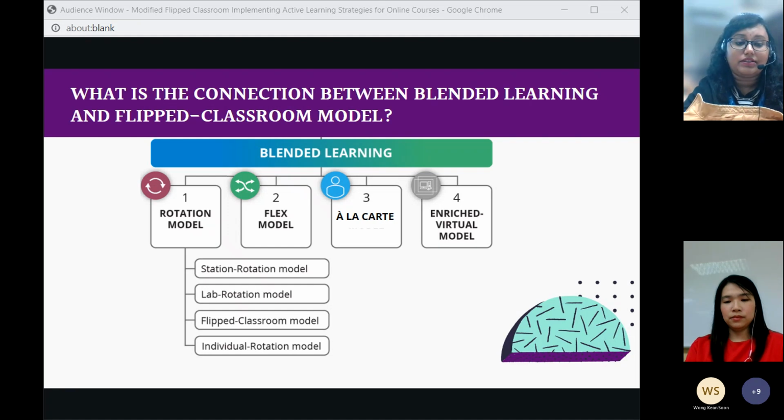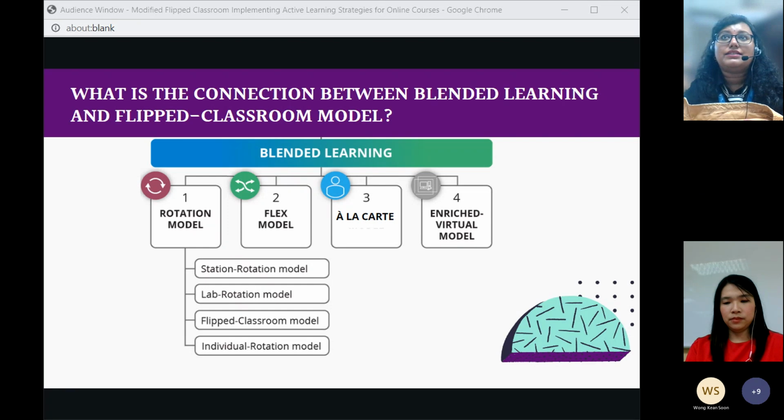So one of the activities listed here is the station rotation model, which is like group work. You have different stations, and students will go to station A, complete task A, and then maybe this particular group of students go to station B, complete task B, and then go to station C. So they rotate their turn, and they complete whatever task is given.